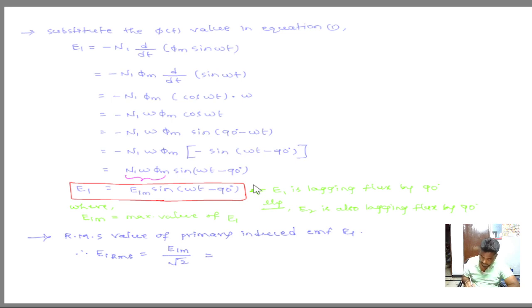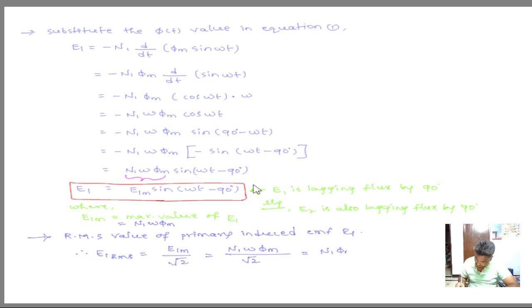What is meant by E1 max? E1 max is nothing but N1 omega phi m. So N1 omega phi m by root 2. And here N1 and phi m are constant.